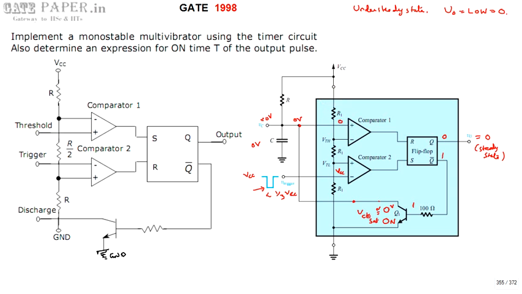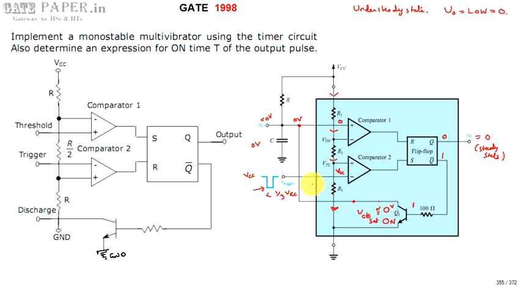So the current coming from VCC flows in this direction and won't go to the input terminals. The same current flows through all three R1s.